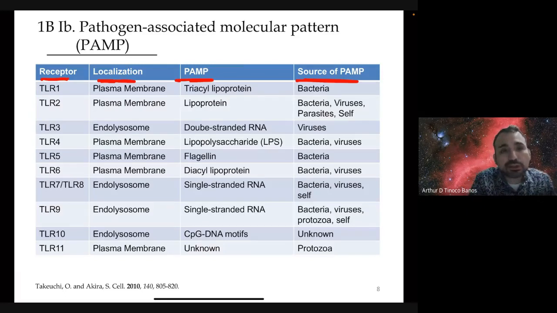For instance, toll-like receptor 1, localized on the plasma membrane, has the capacity to recognize triacyllipoproteins, whereas toll-like receptor 3, which is found on the endolysosome, has the capacity of recognizing double-stranded RNA. So we see these 2 distinguishing features, and the source of the PAMP for toll-like receptor 1 predominantly comes from bacteria, where the double-stranded RNA comes from viruses.